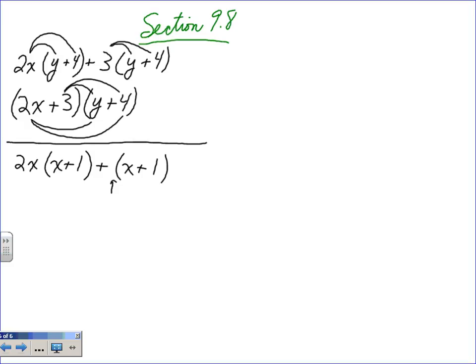What, that number is 1, isn't it? So now I can write this as (2x + 1) times the common factor of (x + 1). That's it.